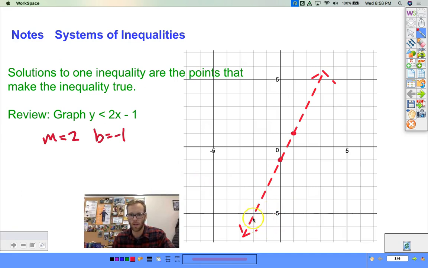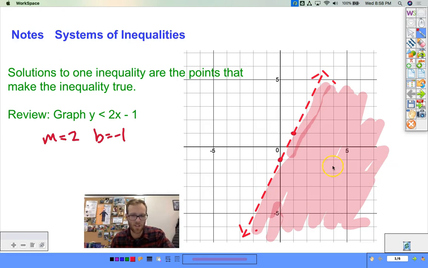So I'm going to shade everything underneath our line. This means that every point in that shaded region is a solution.